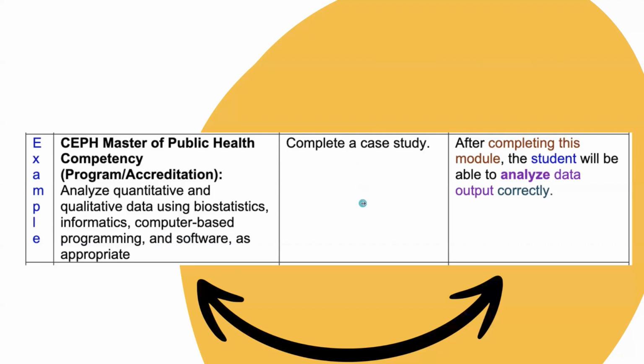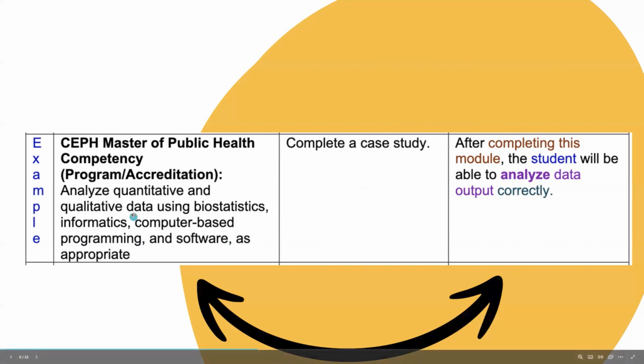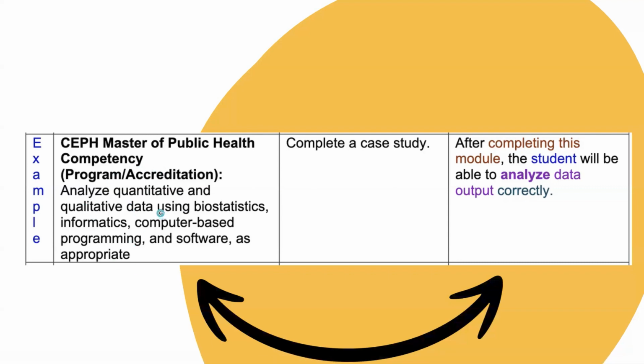So we know that in this case study, they had to analyze some data, and then they did it correctly. And we now know that, yes, our students can meet parts of this competency because competencies are broad. So it doesn't mean they have to meet every single thing in every class, but it is nice that they have met it in this class.